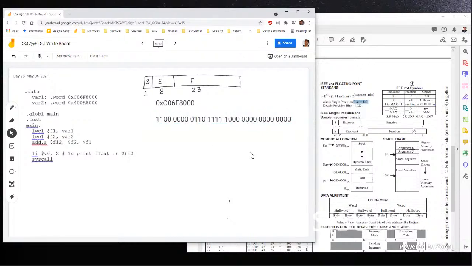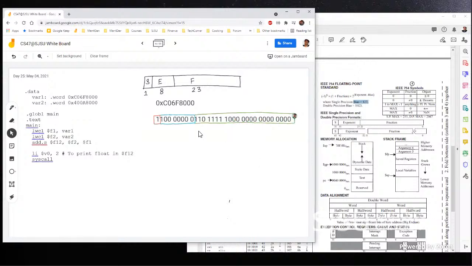Now we have this bit pattern, and the sign bit is the most significant one, which is this part. Then comes the exponent, which is 8 bits, and the rest is the fractional part.